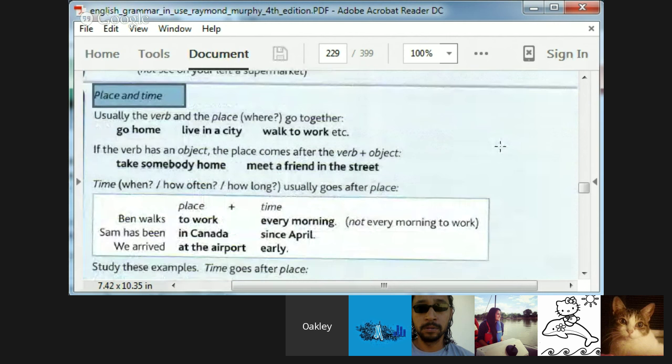Usually, all right, the verb and the place go together, especially if the verb is a verb to talk about going to the place or being at the place, if that's the meaning of the word. So, for example, go home, live in a city, walk to work. If the verb has an object, the place comes after the verb. Take somebody home, meet a friend in the street, like that.